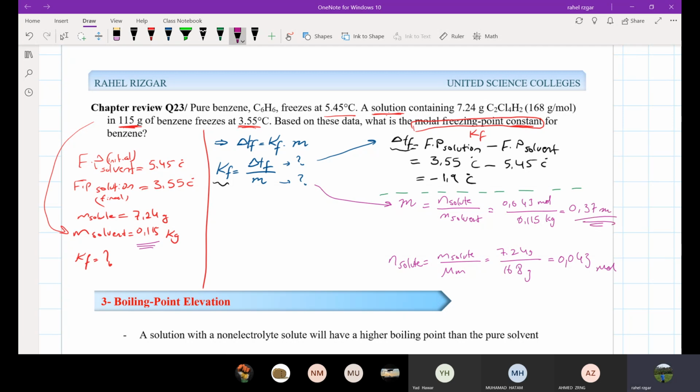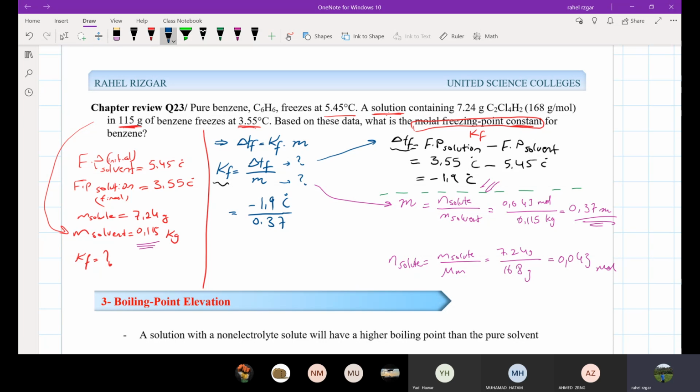Now we have both molality and delta Tf. So Kf is equal to delta Tf, minus 1.9 Celsius, divided by 0.37. It's like 37.5, I think.